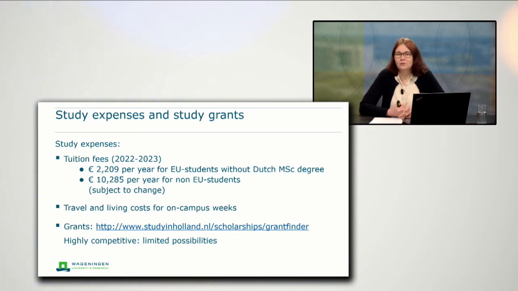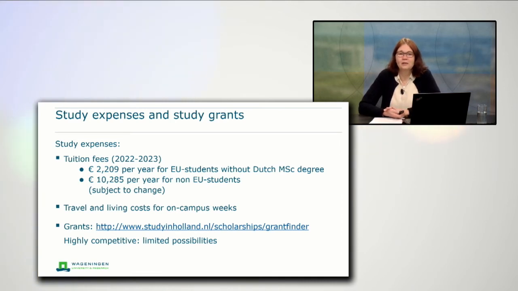For EU students who did not complete another Dutch master's degree, and for non-EU students it's slightly above 10,000 euros per year. These are the expected tuition fees for the upcoming academic year. It's slightly subject to change, but this is more or less what you can expect.